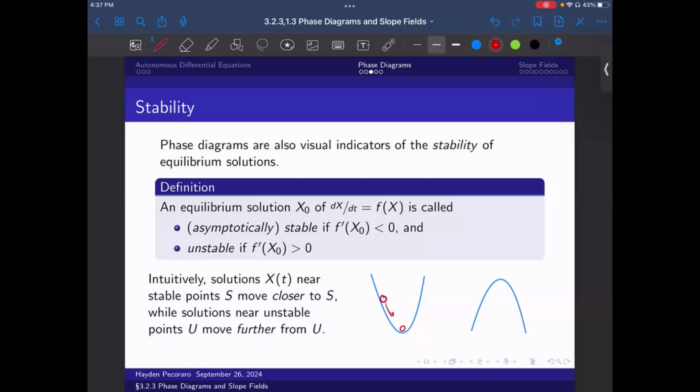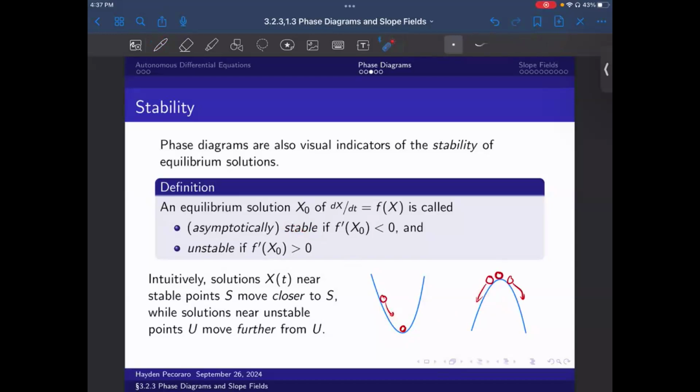Balls are going to roll down into this valley to try and get towards the bottom right here. But if I put a ball at the top of this hill, well, maybe if it's perfectly balanced, it'll stay right here. But as soon as you kick it a little bit to the left or right, now it's going to go rolling all the way down the hill, right? Until it maybe finds another one of these stable equilibrium points. So this is the idea behind stability: stable and unstable, valleys and hills.